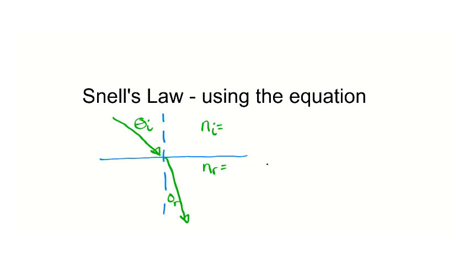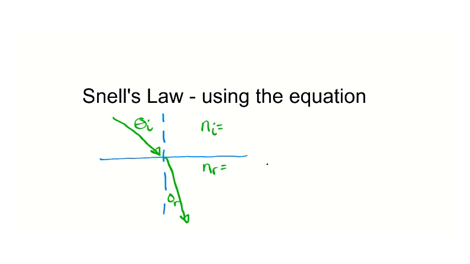Snell's law is an equation that determines how much light bends as a result of moving from one medium to another. Now, the bending of the light is caused because of a change in speed. And that change in speed is caused by light moving from one material that's more or less optically dense into another.